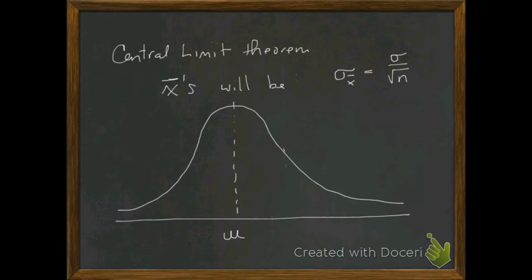So guys, this tells us that 68% of our sample means will fall between where and where? Between mu minus a standard error and mu plus a standard error.